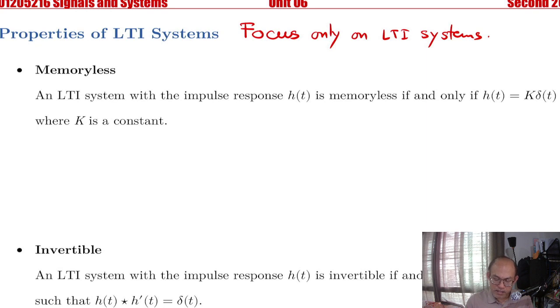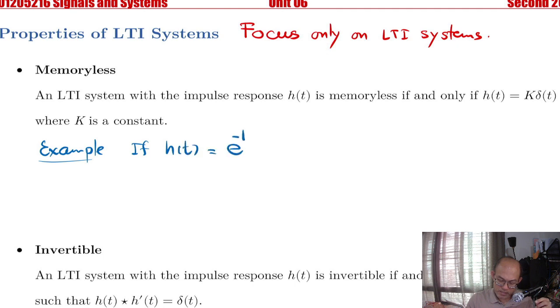Okay, an LTI system with the impulse response h is memoryless if and only if h is a constant multiplied by the unit impulse. For example, if h is e to the minus t u(t), then the system is not memoryless, because it is not in this form.